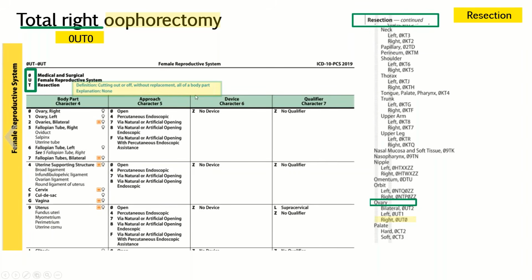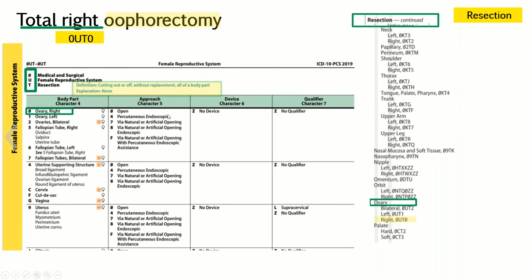And while you're learning, don't stop reading these definitions until they make sense to you. Cutting out or off without replacement all of a body part, that's resection. All right, so our code documented says that our fourth character is 0, and we know that the fourth character 0 is right ovary. Now we have to get to the approach.